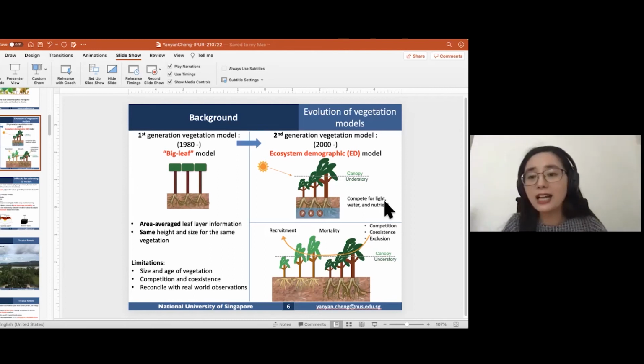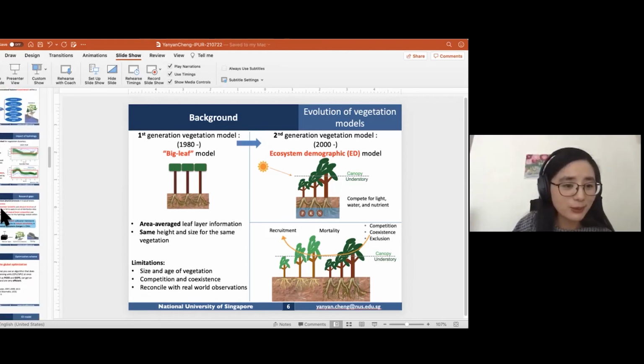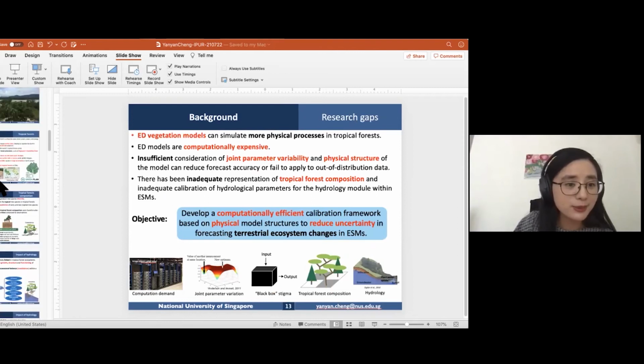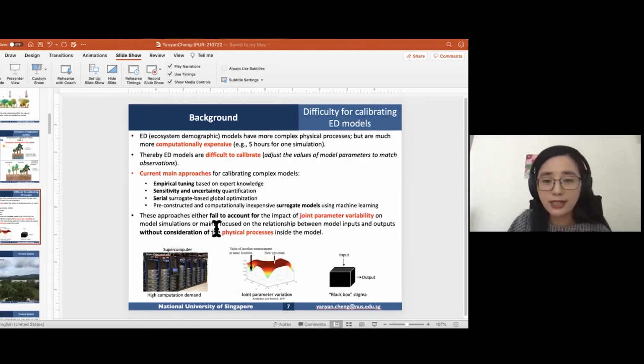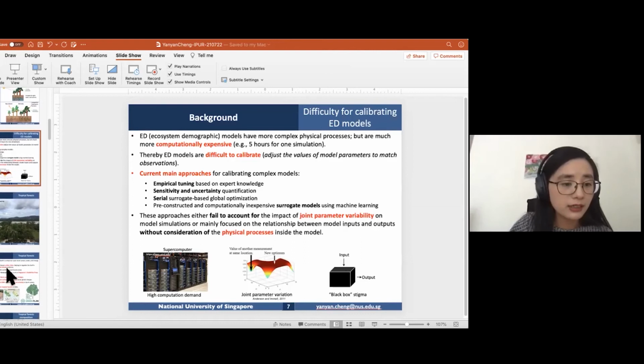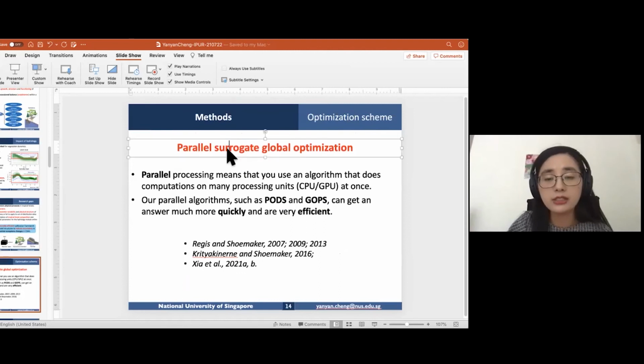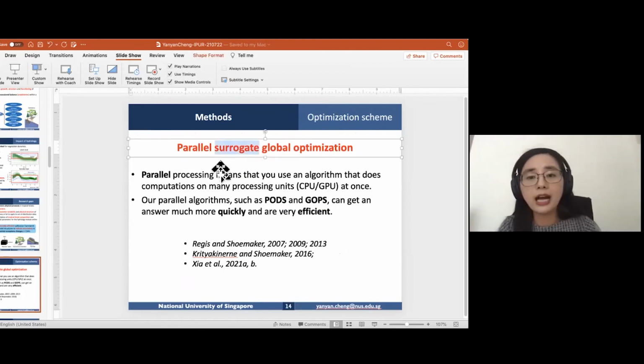Is it a surrogate? Oh, no, actually we are calibrating. When I mentioned the previous techniques, people are building surrogate models using machine learning, building a surrogate for the model itself. But our algorithm, which we call parallel surrogate global optimization, is not building a surrogate model for the model itself and then using the surrogate.